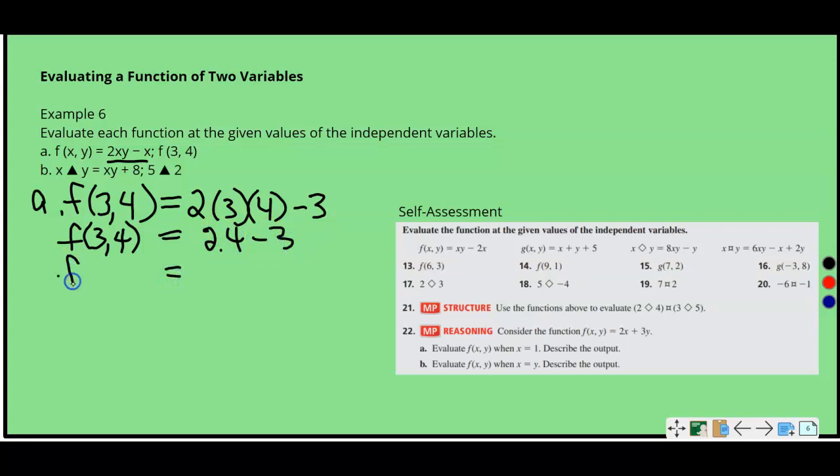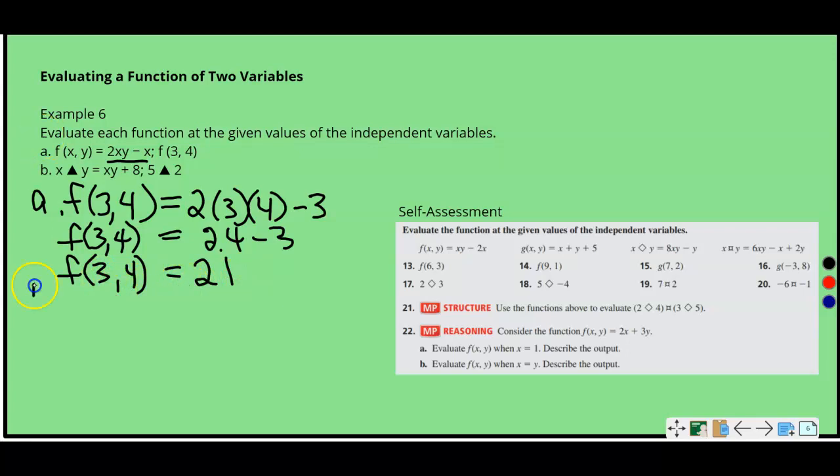So we've got f of 3, 4, and that equals 24 minus 3 is 21. This would be our independent, and this would be our dependent.